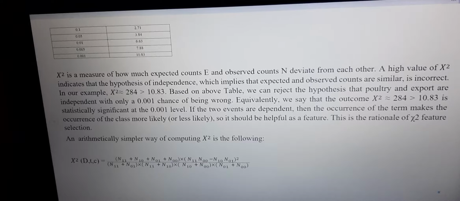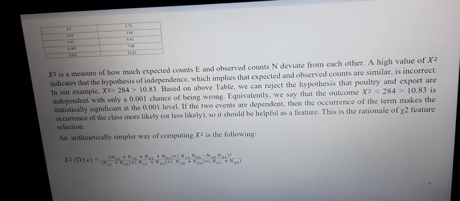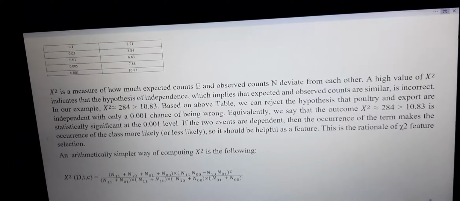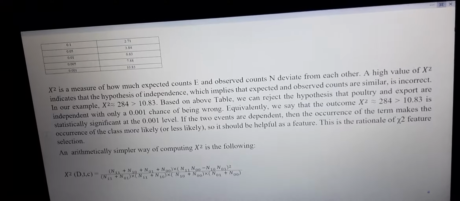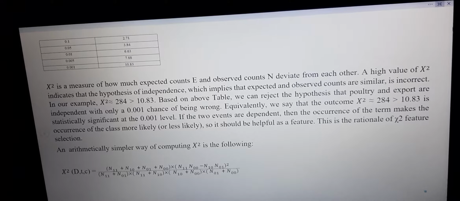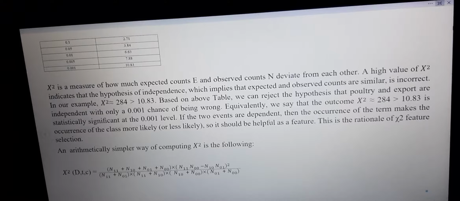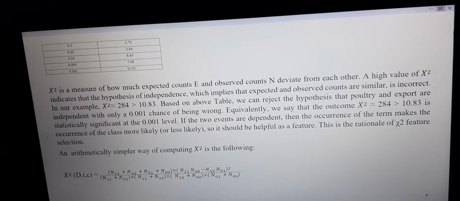Based on the above table, we can reject the hypothesis that poultry and export are independent with only a 0.01 chance of being wrong. Equivalently, we say that the outcome X-square equal to 284, which is greater than 10.83, is statistically significant at the 0.01 level.